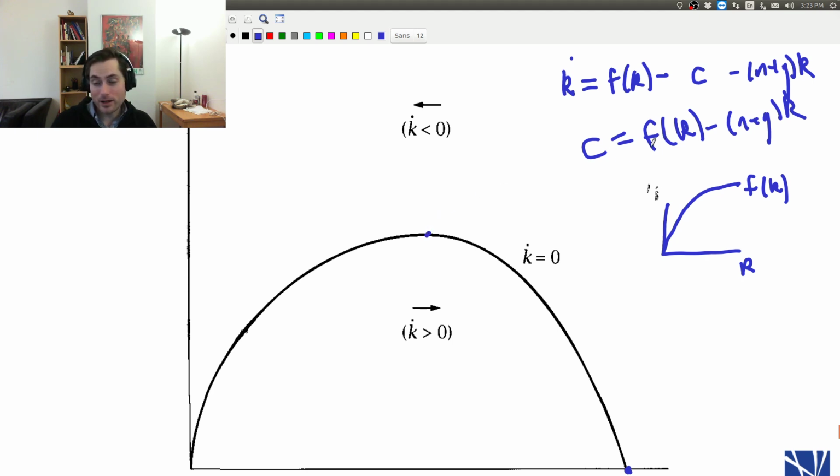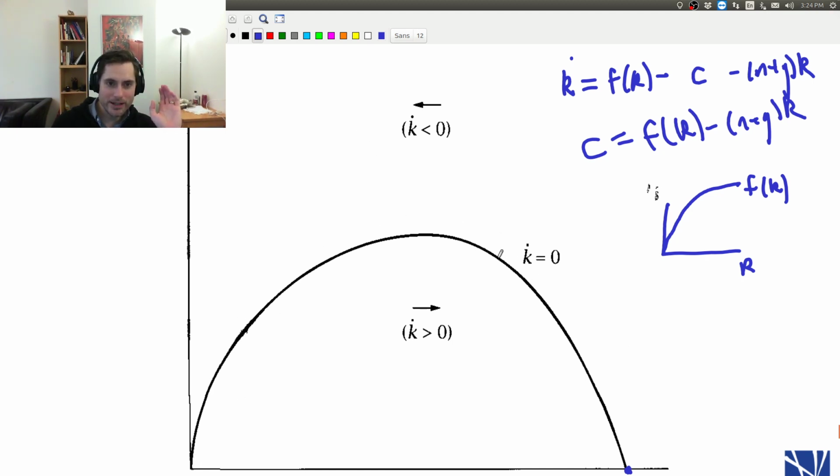That is our golden rule consumption, but we'll talk about that in a minute. Okay, so that's where we get this line. At first, for small values of little k, this thing's growing, but then as little k gets bigger, eventually this thing starts decreasing, and eventually we can find a little k where this is equal to 0. Okay, so far so good.